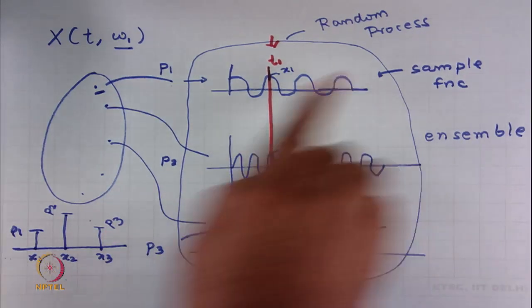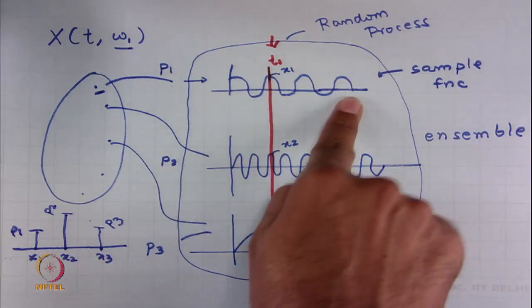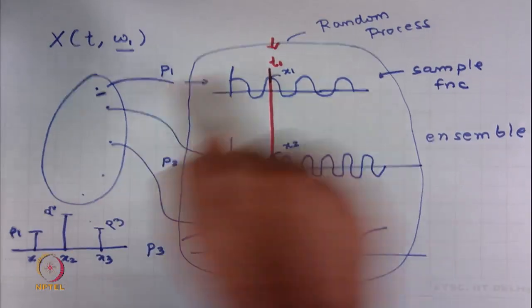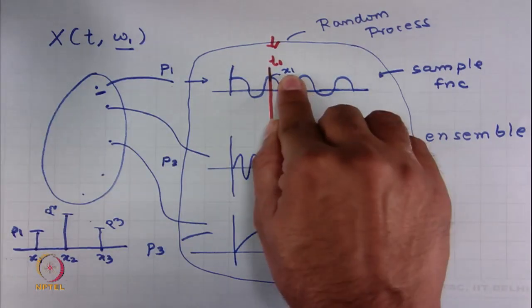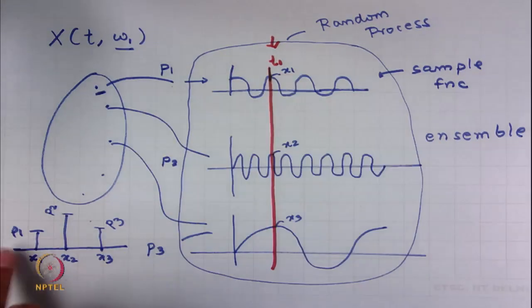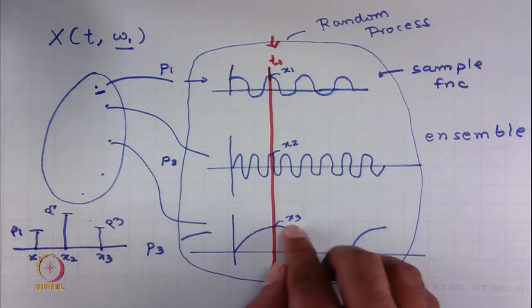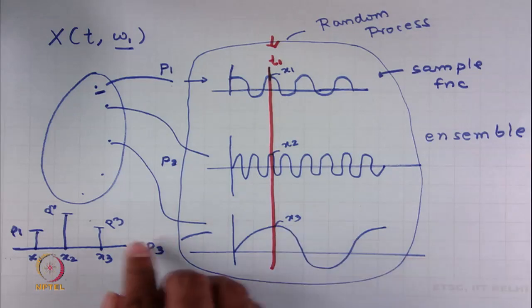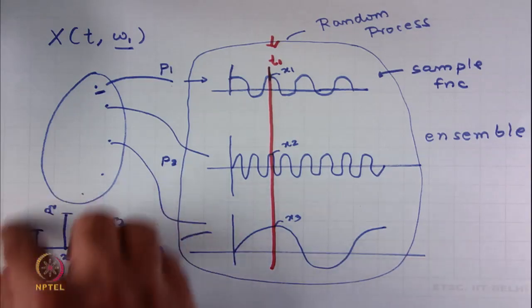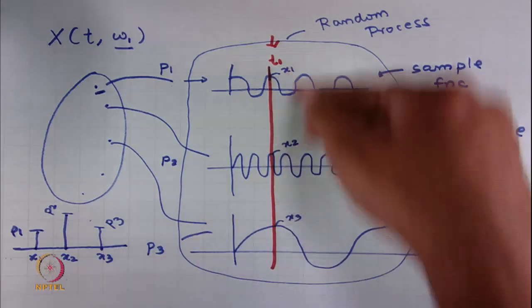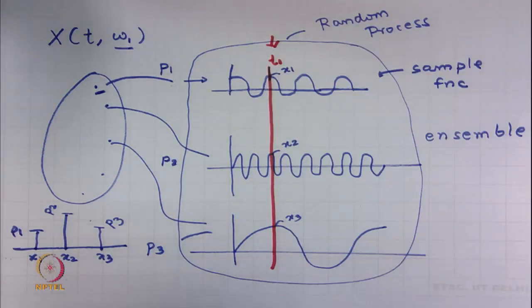So, if the probability that this sample function occurs is p1, then the probability that I get a numerical value x1 is also p1. The probability that I get a numerical value x2 is p2, the probability that I get a numerical value x3 is p3. That means I have now created a probability mass function, and this is nothing but a random variable.